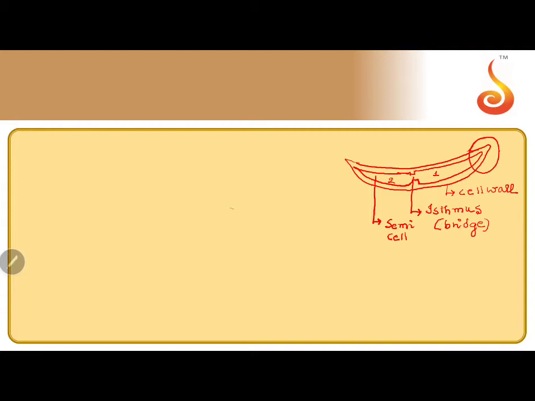if you see, this is the semicell. I am not drawing the cell wall here. I drew only one semicell. At the tip of the semicell, we have vacuoles. These vacuoles are called terminal vacuoles because they are present at the tip.